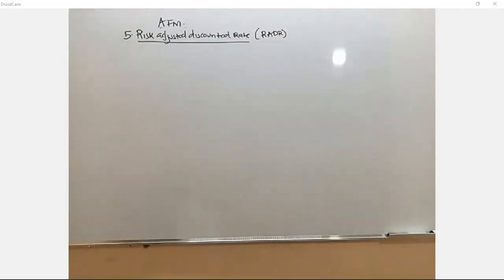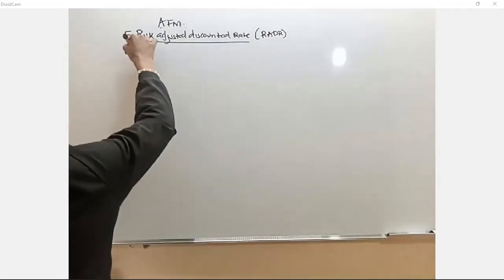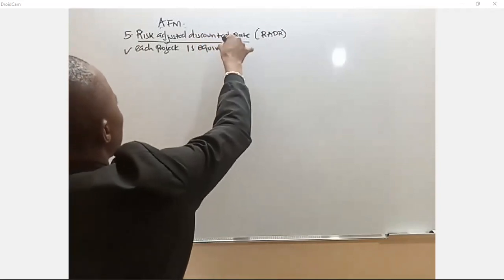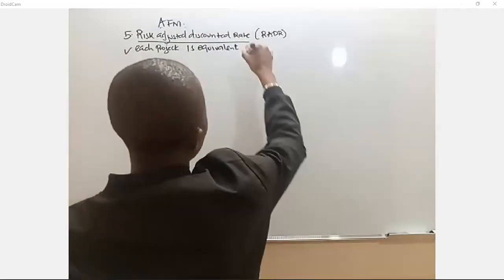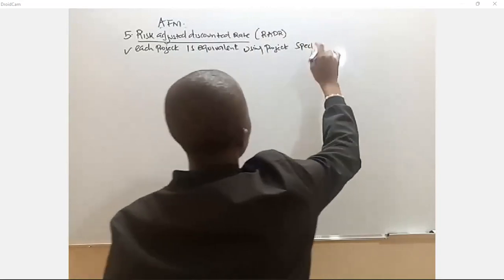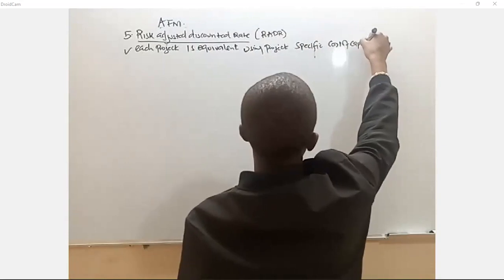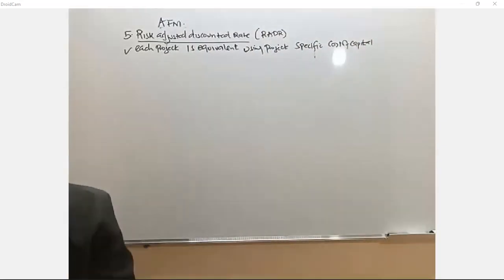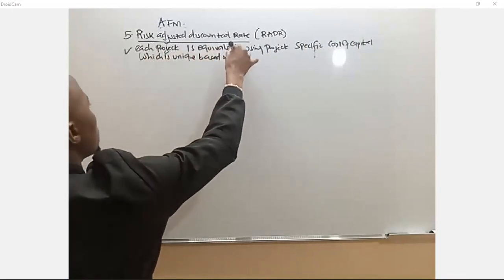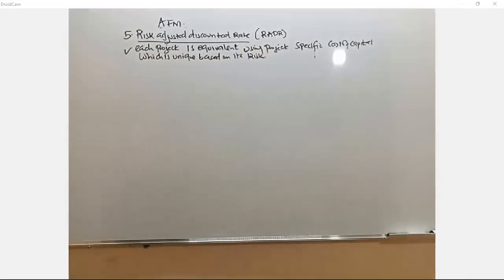When we are using the risk adjusted discounted rate, each project is equivalent using project specific, the specific cost of capital, which is unique based on its risk. So every state of nature we have, we just use different costs of capital because a specific cost of capital is used. Therefore, the risk adjusted discounted rate doesn't have much to consider.